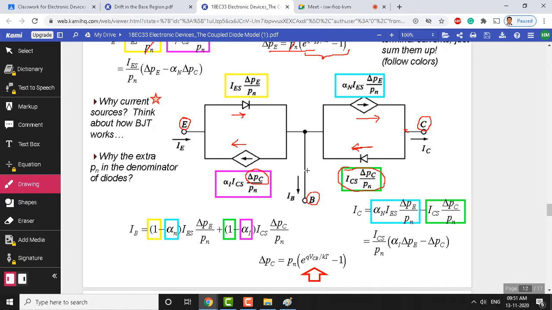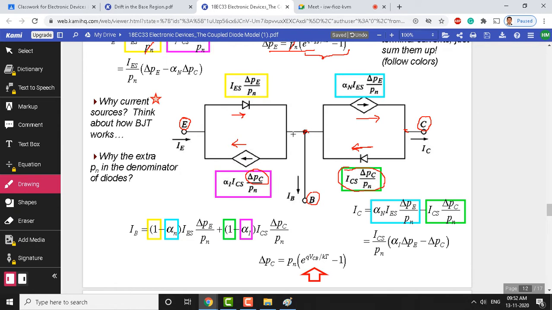And next, when we come to the base, let us see whether the base current flowing here conveys this equation or not. Again, if you look at the base terminal, you can just add and subtract the corresponding currents: currents that are entering, you can add them, and currents that are leaving, you can subtract them.